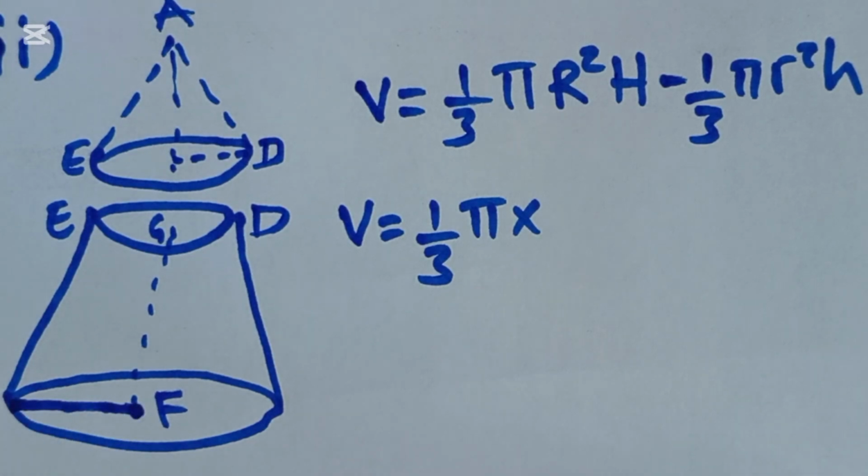BF. So do we have BF from the question? No, from the question, we don't have BF. So we are going to find BF. So how do we find BF? We are going to find BF by using what we call ratios. So let's find BF.